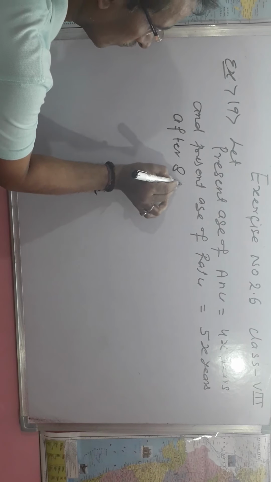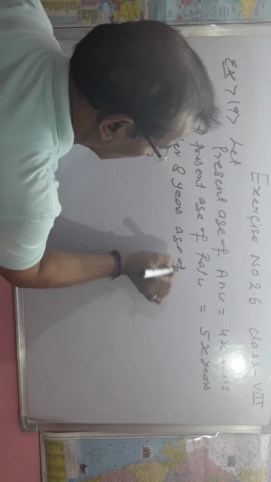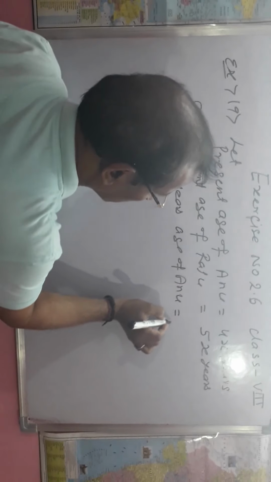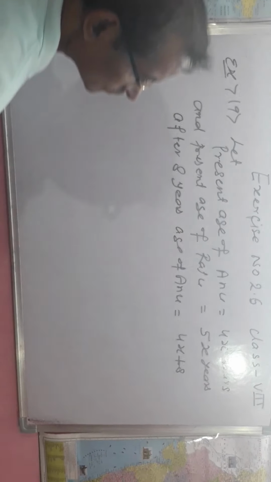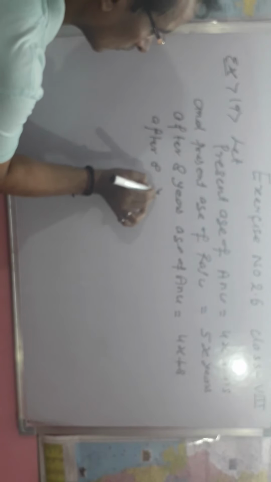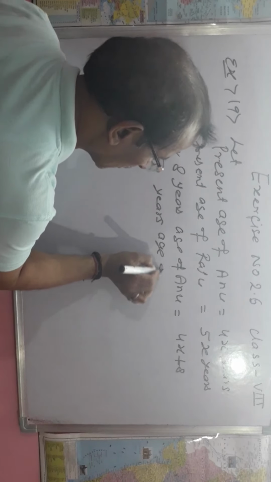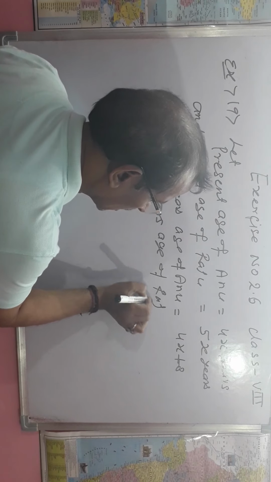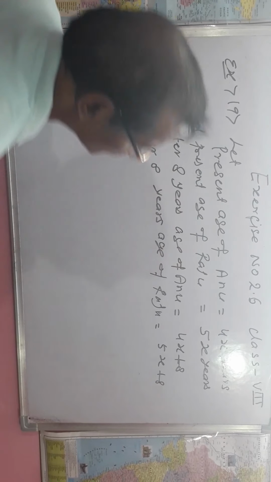After 8 years, age of Anu is equal to 4x plus 8. After 8 years, age of Raju is equal to 5x plus 8.